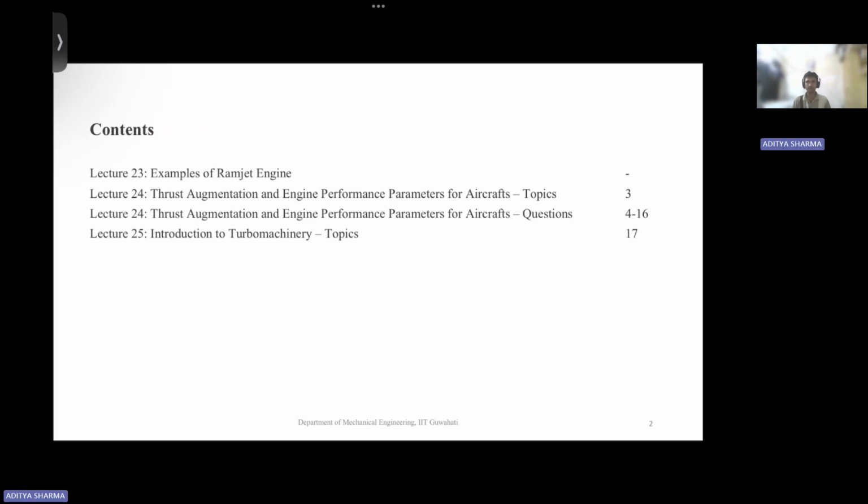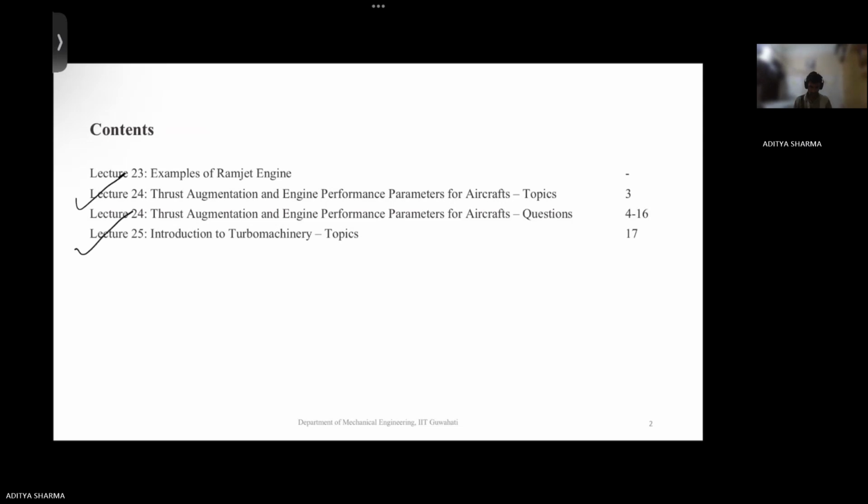So one lecture at a time, and then questions related to that lecture. This way we will have our session. But in today's session, we have only one such lecture, that is lecture number 24.